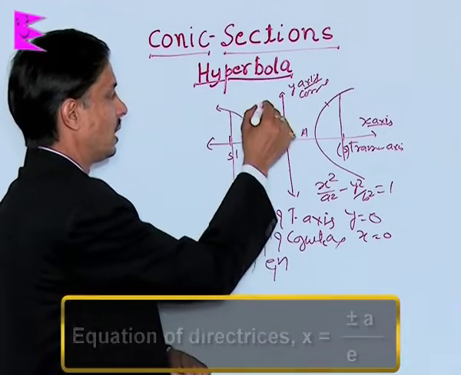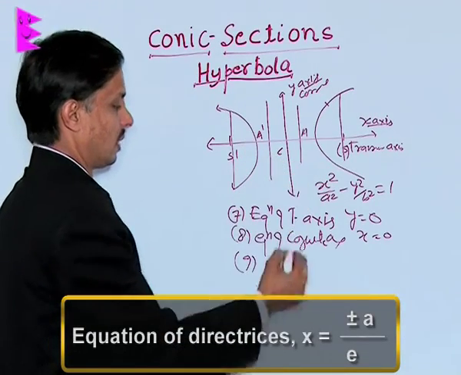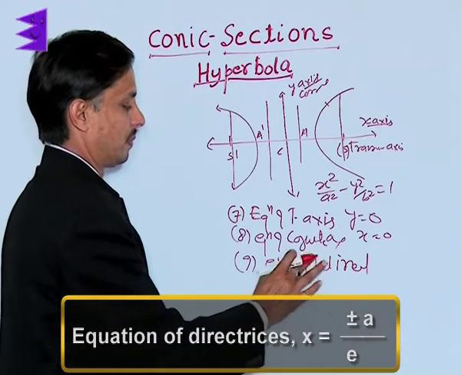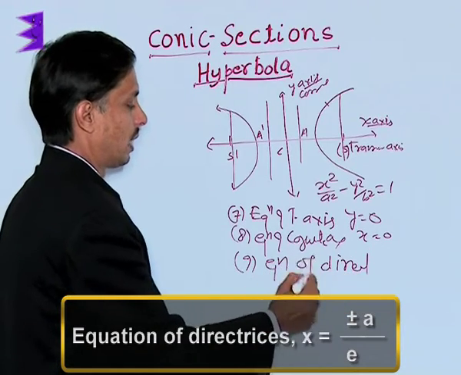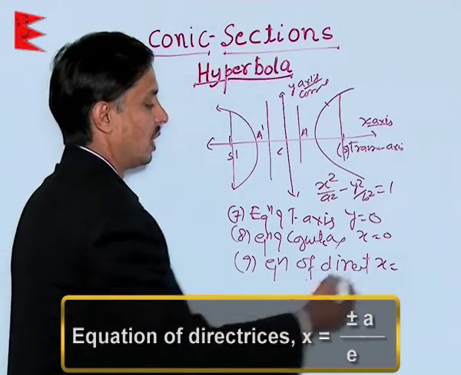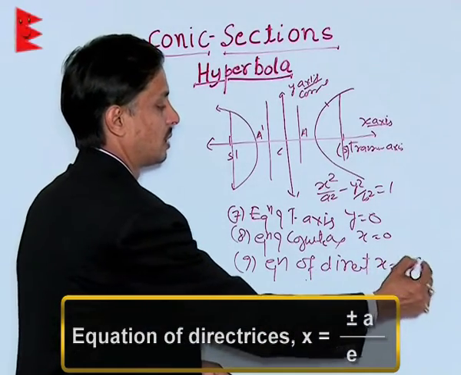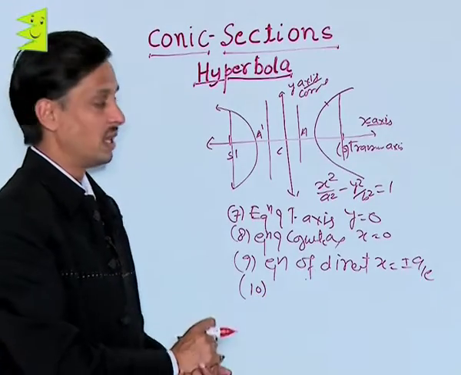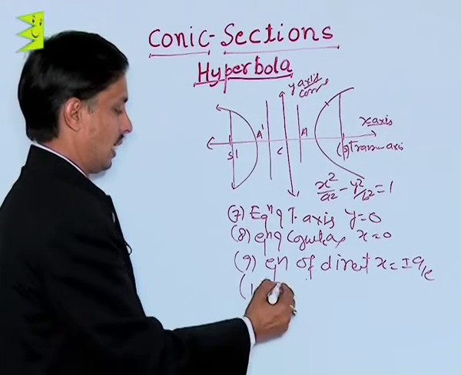Then what is the equation of the directrix? The equation of the directrix is the same as it was in the case of the ellipse, that is plus minus a by e. Then what is the focal length?